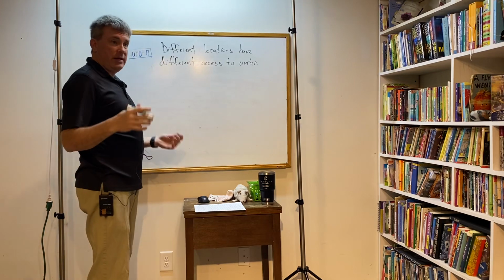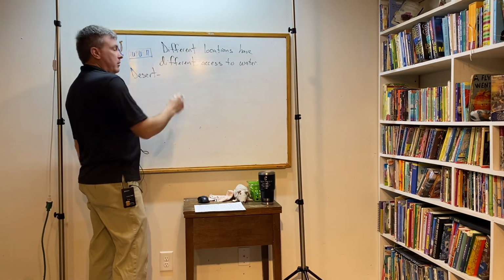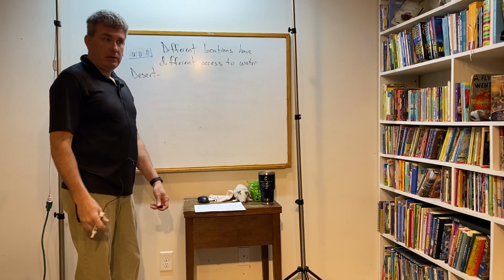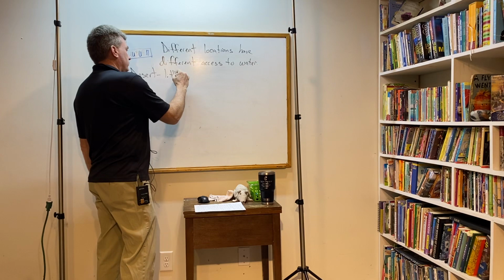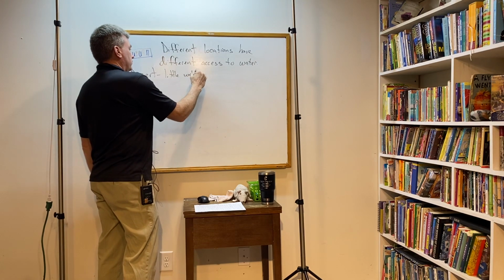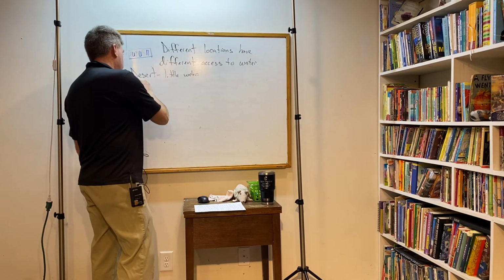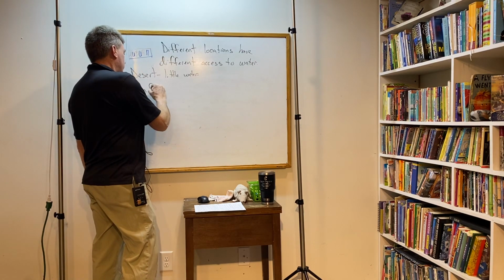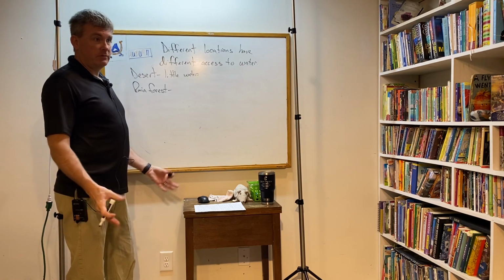So if you think about it, if you're in a desert, what's the main definition of a desert? Lack of water. If you're in a rainforest, what do you have a lot of?